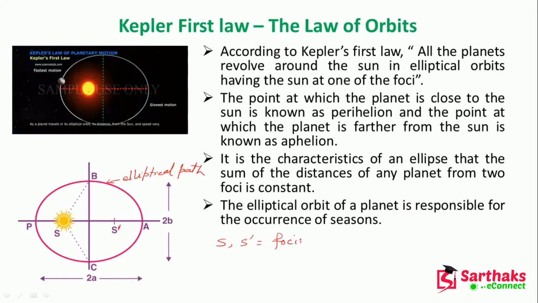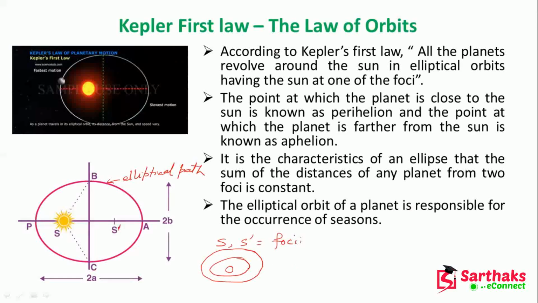Here you can see that all the planets revolve around the sun in elliptical orbits having the sun at one of the foci. Here we are just taking one orbit, but if you have the sun here, you have several orbits around it. There are so many planets.